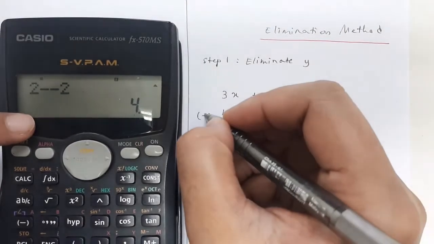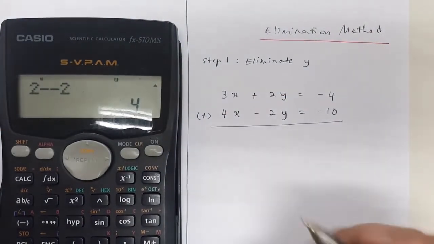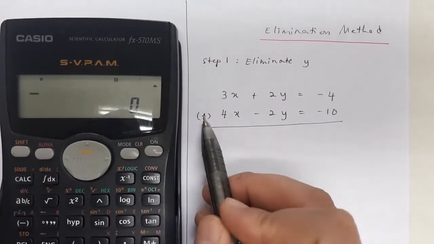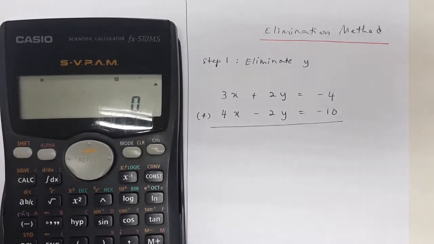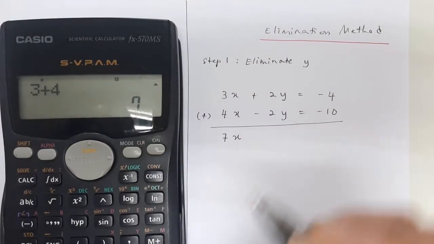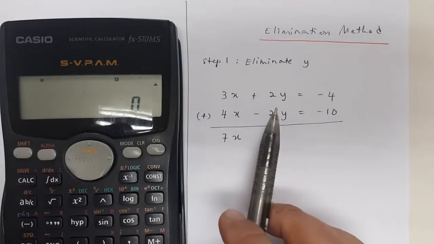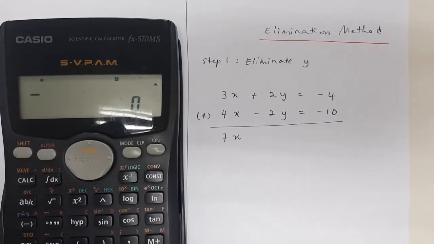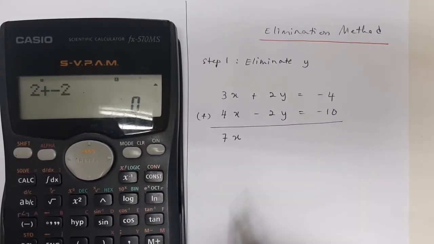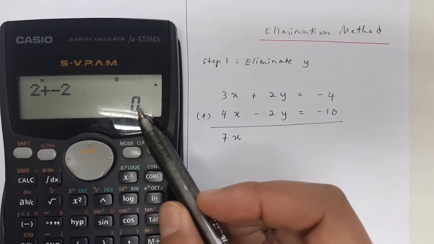Instead, put plus sign. Okay, let's try again with a plus sign. 3x plus 4x, 3 plus 4, we get 7x. As for y, 2y, 2 plus negative 2, we get 0.